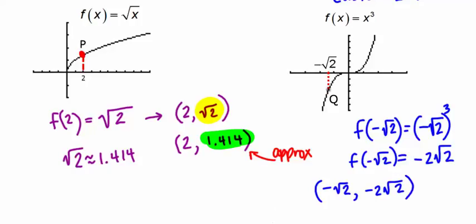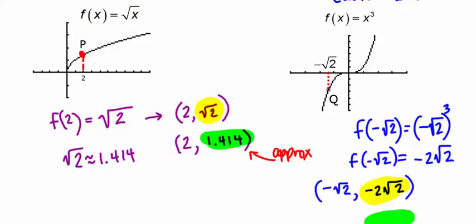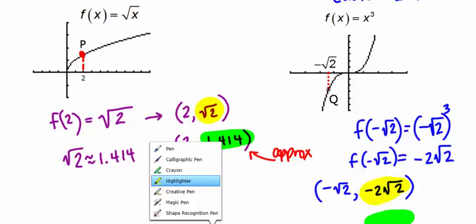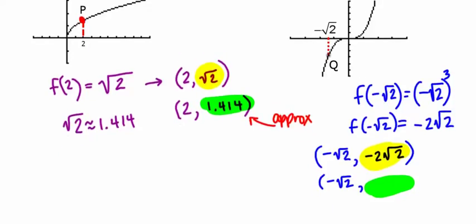Again, I'm going to use a yellow highlighter to show you that that's the exact value. So this is the exact y value, and the approximate y value, go ahead and press pause, and when you're ready to check your answer, you can hit play.